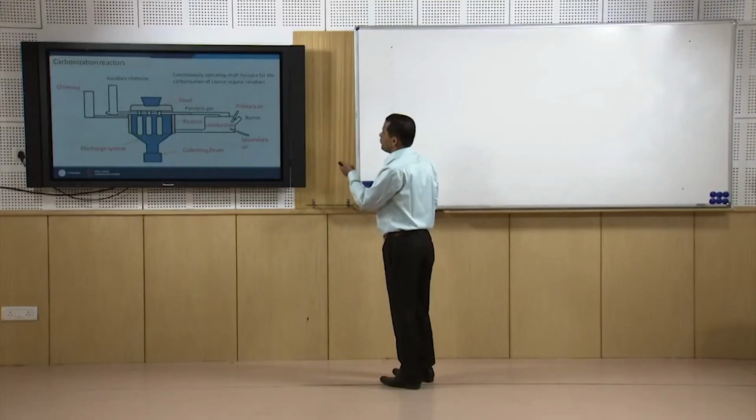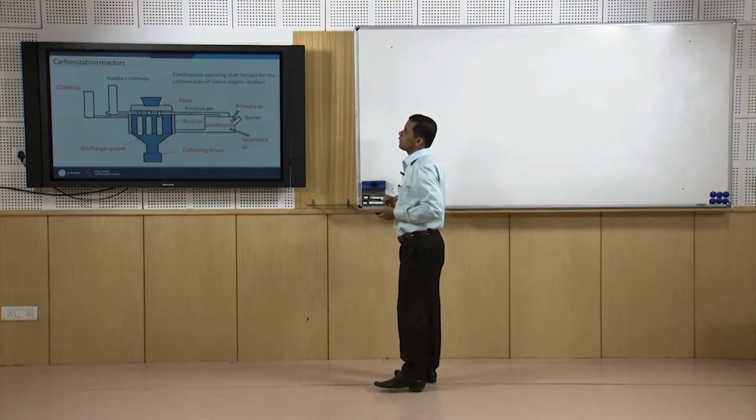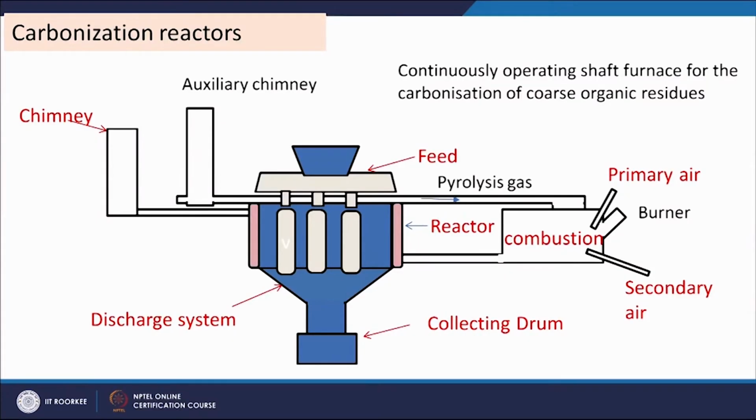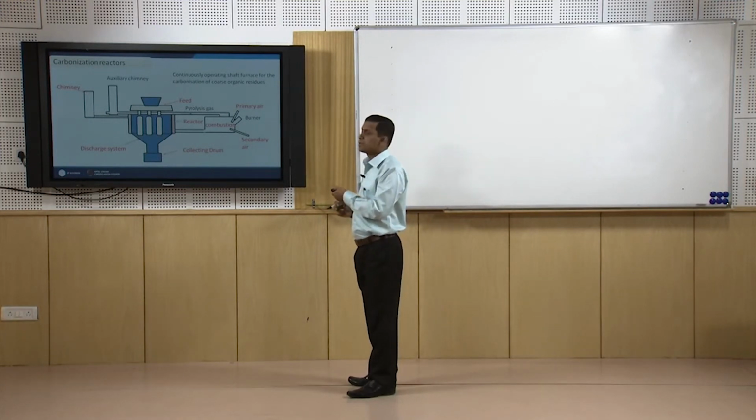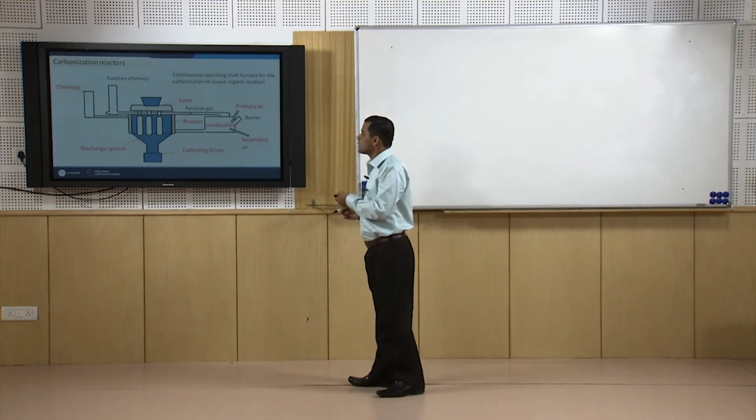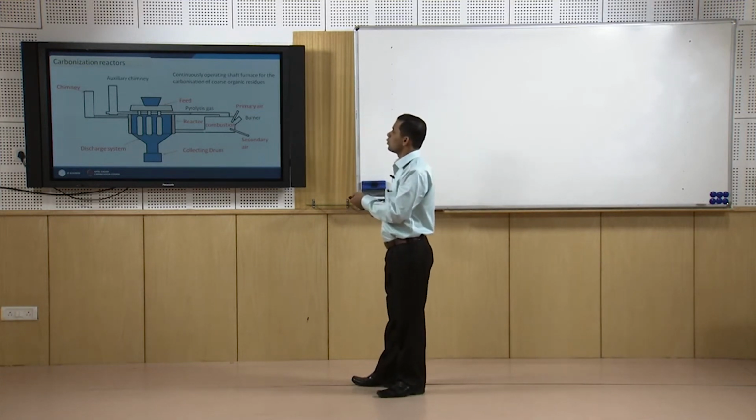Now, let us see the working of a carbonization reactor, that is continuously operating shaft furnace. So, here we put feed, this feed material enters into this reactor zone through these three columns. These are the passage of the solid particles, and inside this reactor there is a hollow chamber.